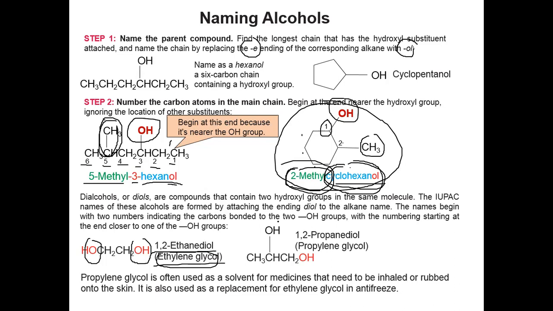For the quiz, I'll tell you what to study first. The same goes for this compound: 1, 2, 3. It's 1,2-propanediol because we have two hydroxyl groups, and it's propane because we have three carbons.